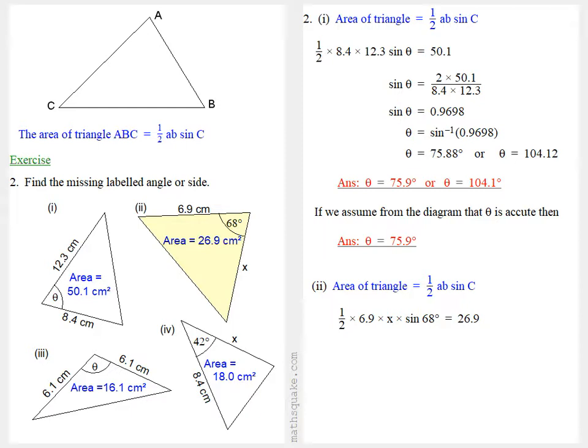Now we'll have to multiply by 2 and divide by 6.9 and sine 68, but that gives us x equals 2 times 26.9 over 6.9 times sine of 68. Well, this works out to be 8.409. So we can say x is equal to 8.4 centimetres.